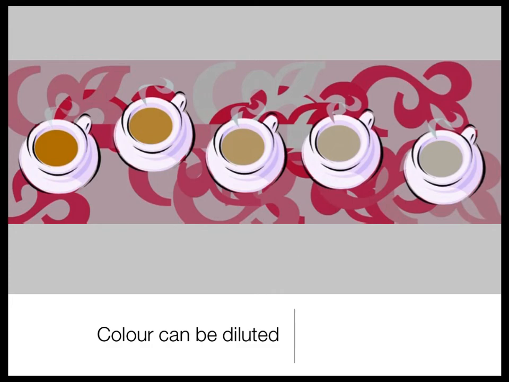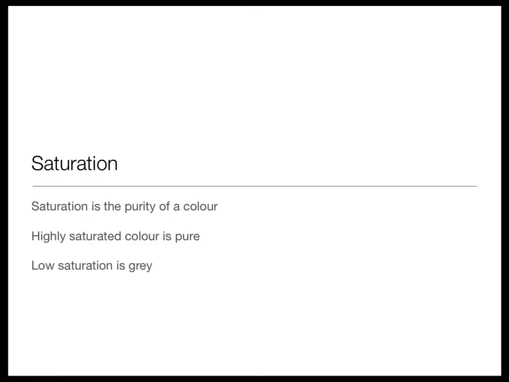So it turns out that color can be diluted. It's what happens, for example, if you leave a magazine in the back window of a car and some of it's covered and some of it's not, and it starts to fade away. So you can dilute color. Saturation is the purity of the color.